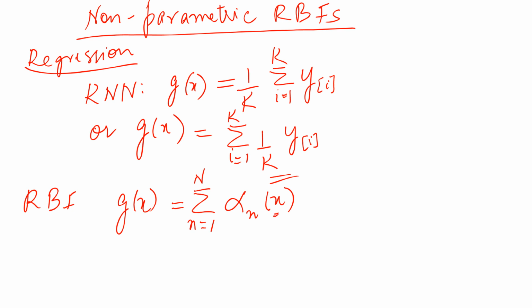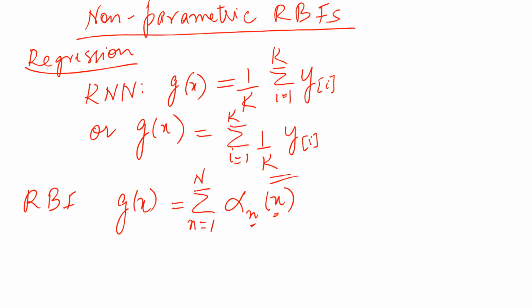So it definitely depends on x and on n. It depends on both, because based on where the other points are, I'm going to decide the weight, where that nth point is, and what its relationship is with the test point x. So both are going to determine this alpha_n of x. So that's my radial basis function. All I'm trying to do is sum up these weights for every n relative to x. That's what the final hypothesis is going to be.